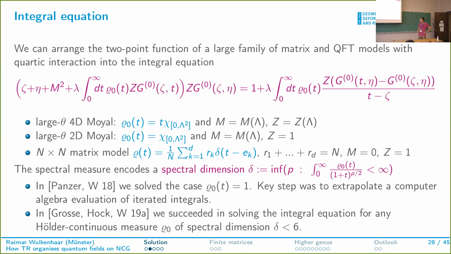A totally simple but important step was to study what happens for rho equal to 1. Then there is a natural ansatz which follows from the theory of linear singular integral equations. We get other equations which we solved perturbatively. I managed to do the first terms, and then with the help of Erik Panzer, a specialist on iterated integrals and zeta values, he put it on a computer, and overnight he came to order 10.